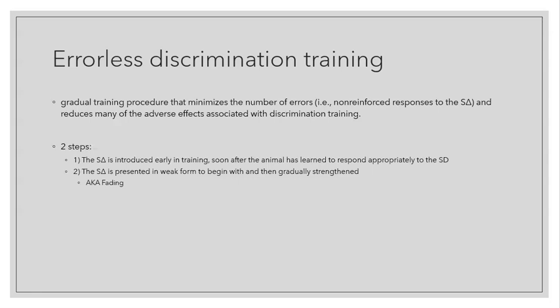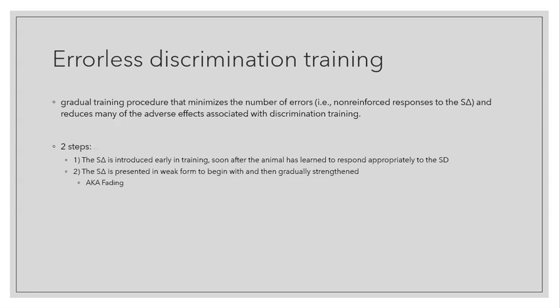So errorless discrimination training is a way to train the discrimination of SD and S delta without punishment for responding to the S delta, without having to go through the whole process of training the animal not to respond to the S delta.